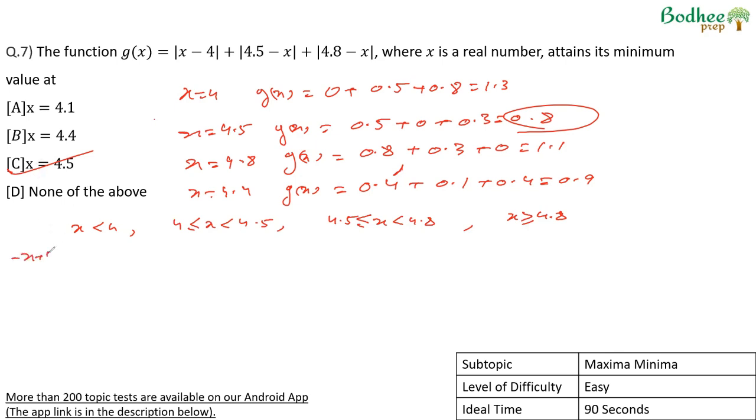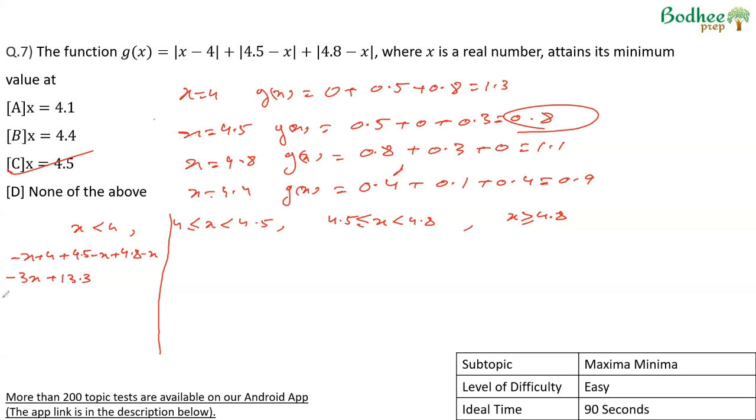And therefore, minus x plus 4, plus 4.5 minus x plus 4.8 minus x. This will be minus 3x plus 4, 4.5, 4.8, 13.3.